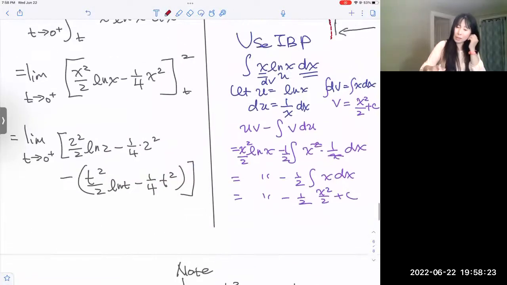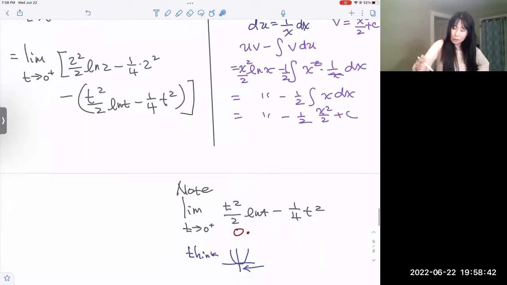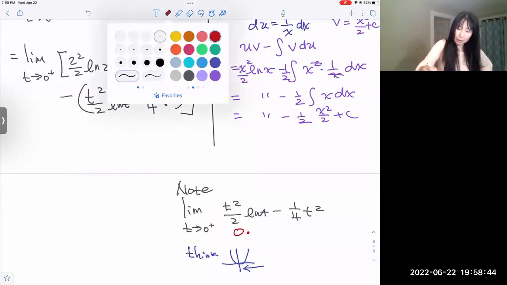So t goes to 0 from the right. What's the graph behavior? It's going to negative infinity. Excellent. So we have negative infinity.